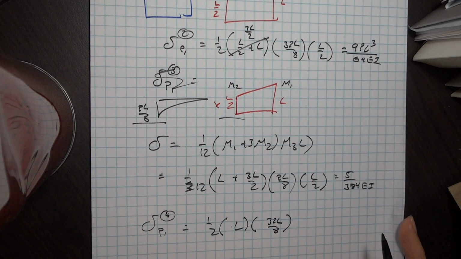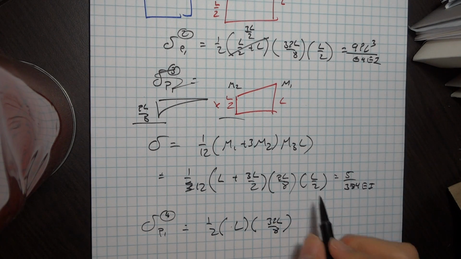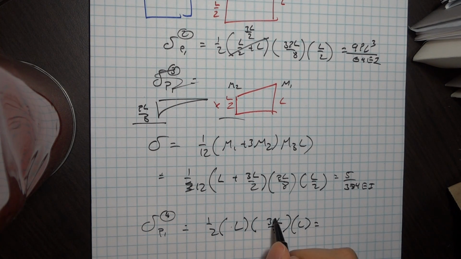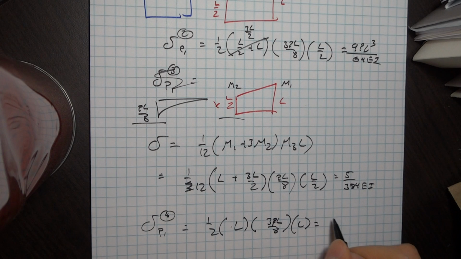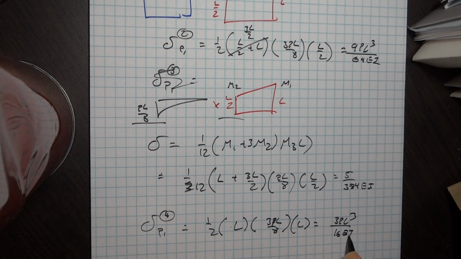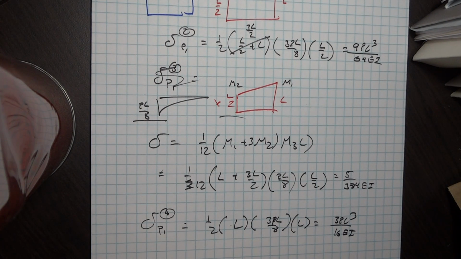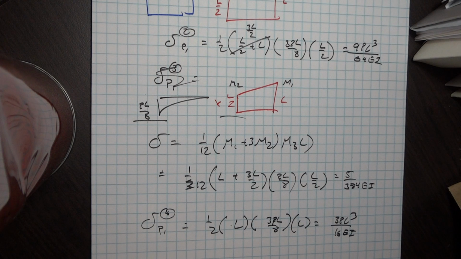Sorry, I'm also going to multiply this by L. This will be equal to 3PL cubed on 16 EI. Okay, so that part is all good.